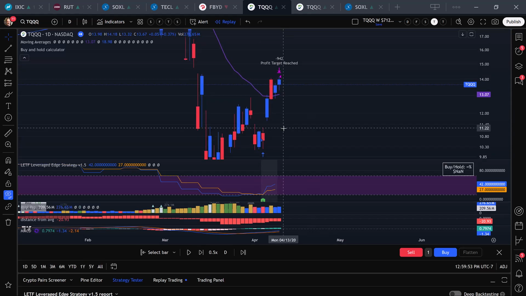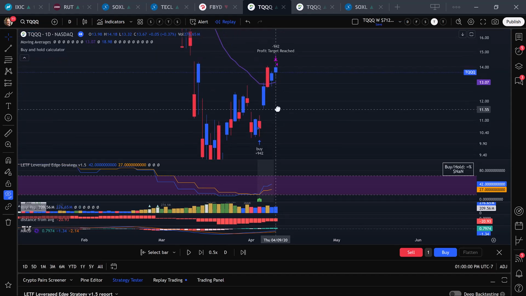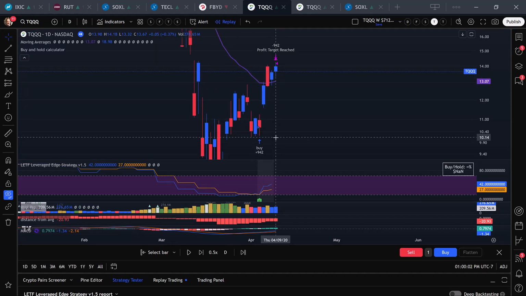It's even easier when you look at things like profit target reached, because you can make a note on your chart knowing that your profit target is 33.6% higher. You can make a note on your chart where you bought, and so you know where you're going to hit that profit target.